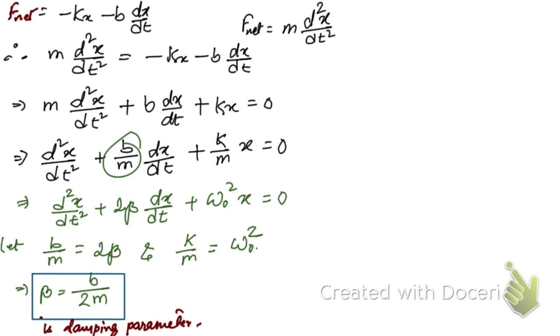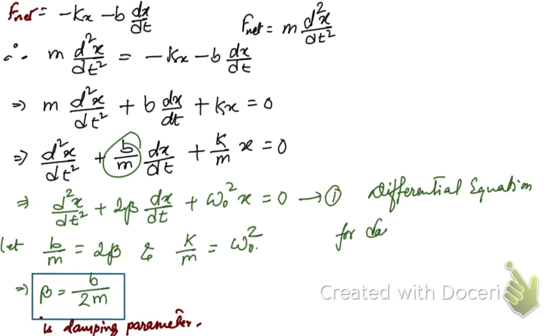This is equation number 1, the differential equation for damped harmonic oscillation. Now let us solve this.